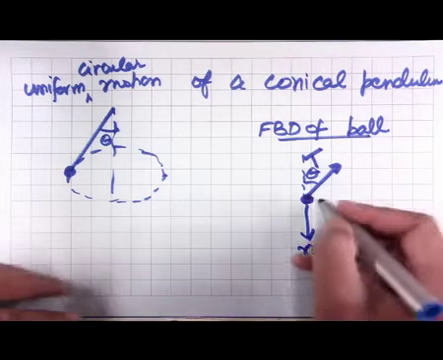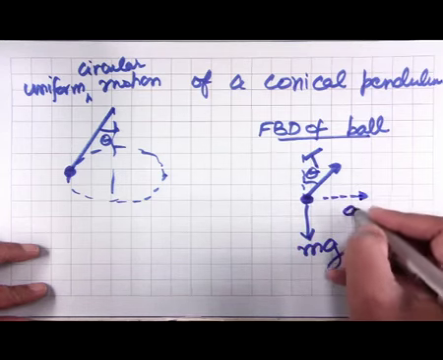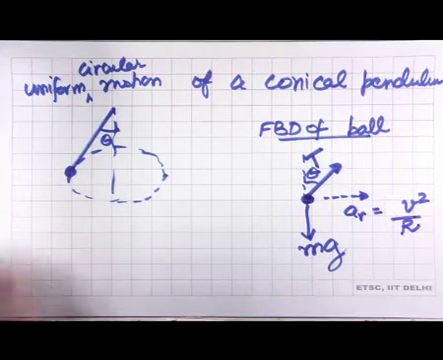Because the pendulum is in a circular motion, it has a radial acceleration component equal to v square upon r.